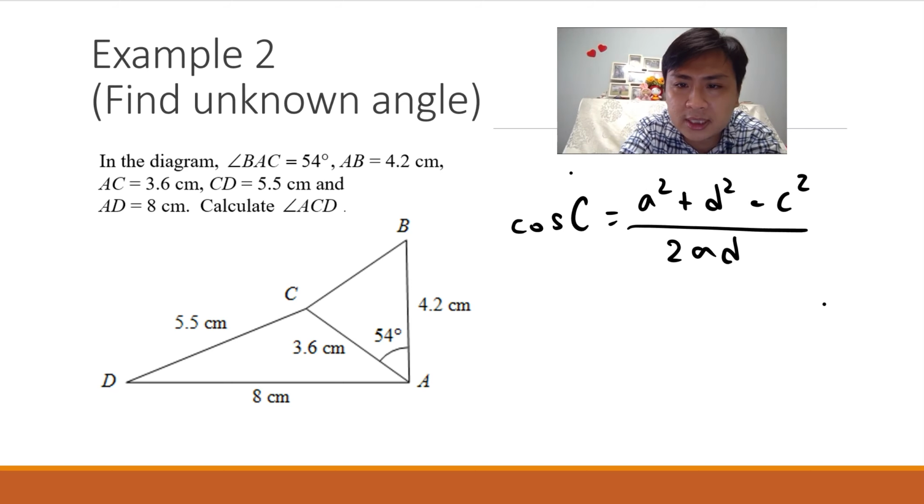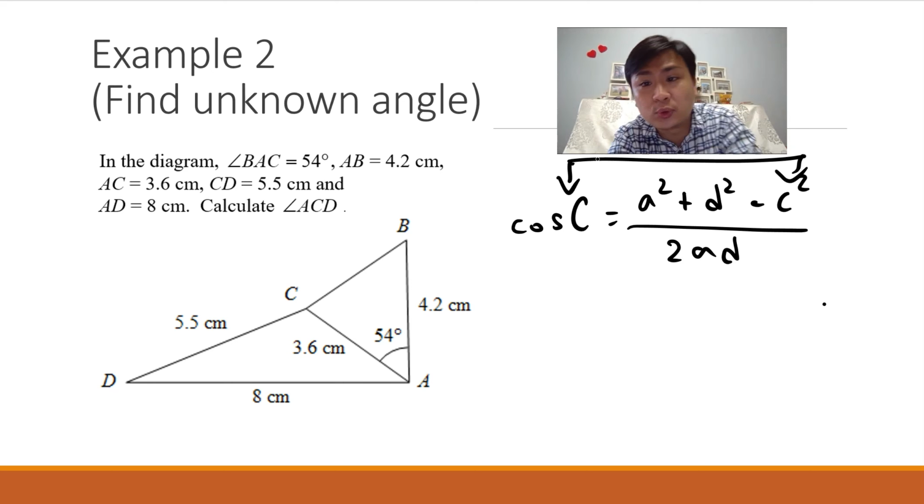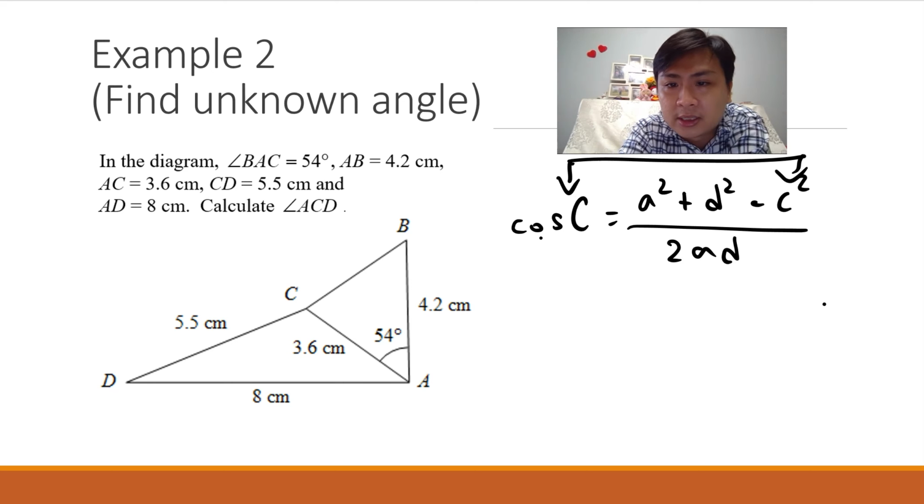Notice again, the unknown angle C is furthest away from the match length c. This is a useful way to help us remember.